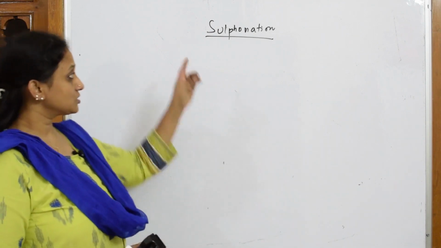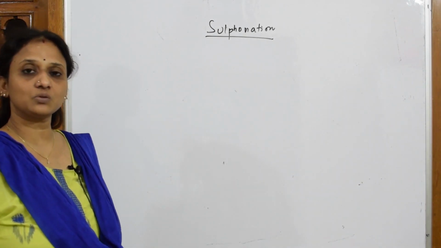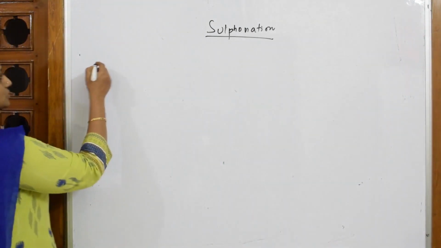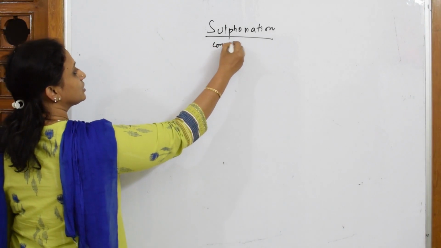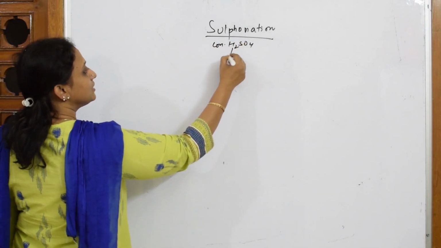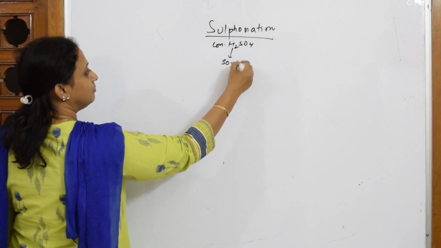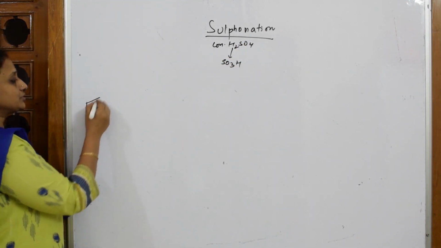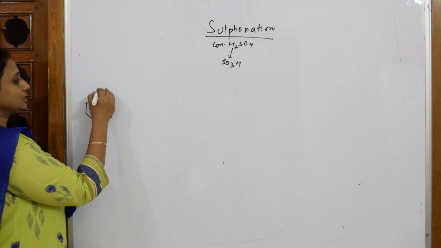Let's see that. In sulfonation, what do you require? What supplies us the electrophile? That is concentrated sulfuric acid, which is going to supply SO3H as an electrophile. First you are going to take your aniline.